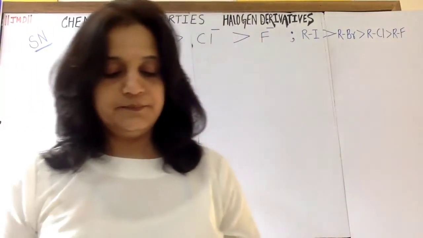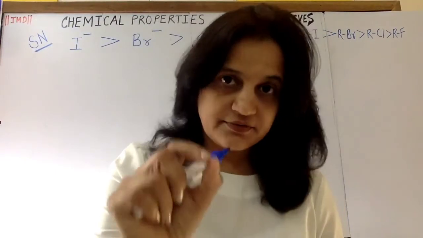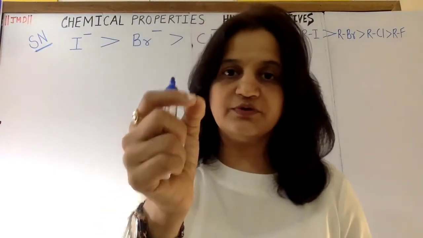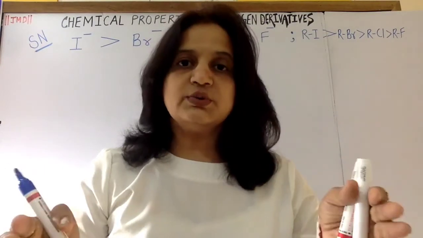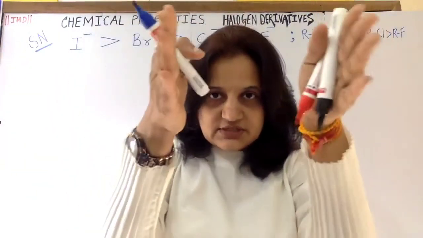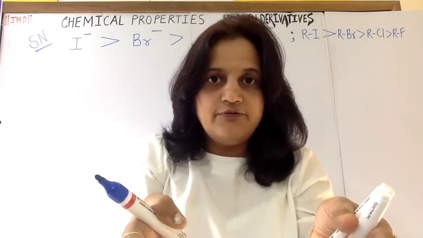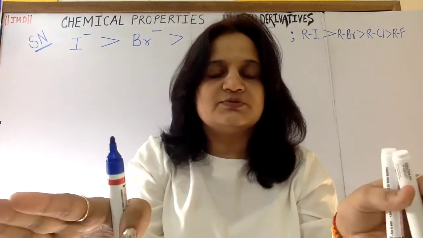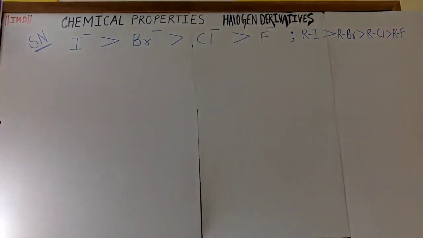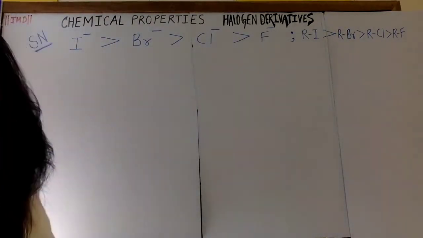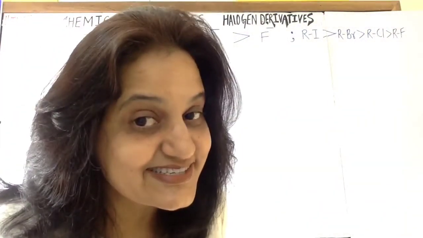Now before discussing each and every equation or each and every nucleophilic substitution in detail, first we will just have an outline of all types of nucleophilic substitution that an alkyl halide can undergo, and then we will make the equations. Okay, so on the board, all eyes on the board.